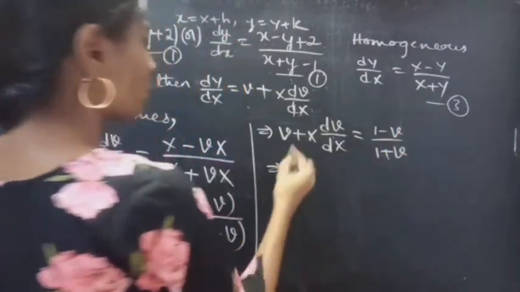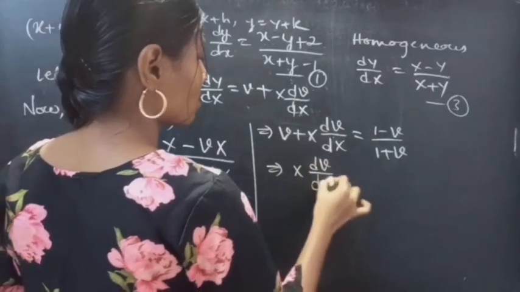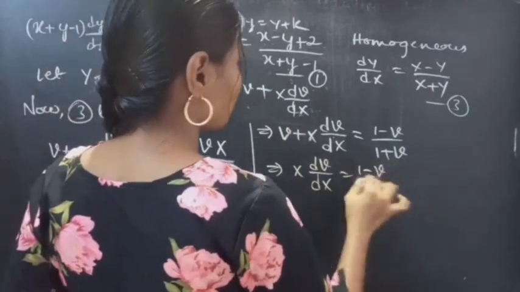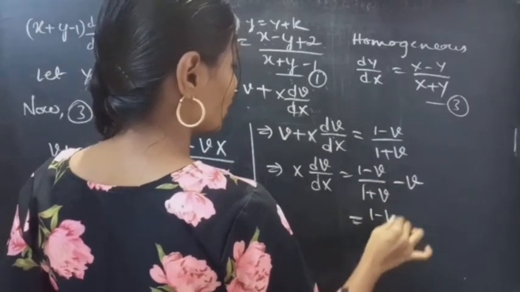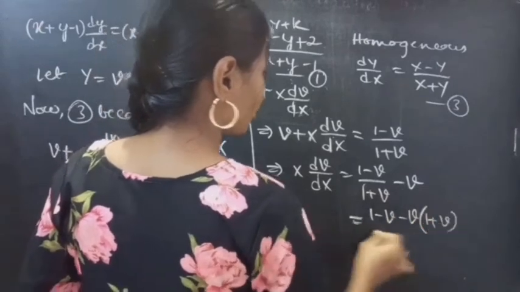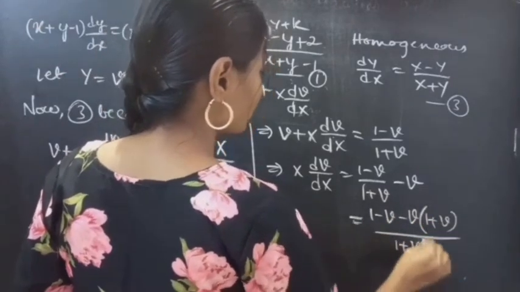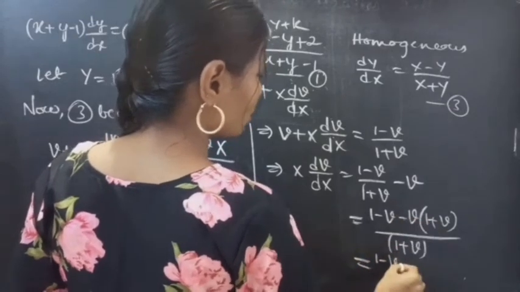Now take this v to the RHS, it becomes x into dv by dx equals 1 minus v by 1 plus v minus v, which equals 1 minus v times 1 plus v by 1 plus v, which equals 1 minus v. Minus v into 1 is minus v.